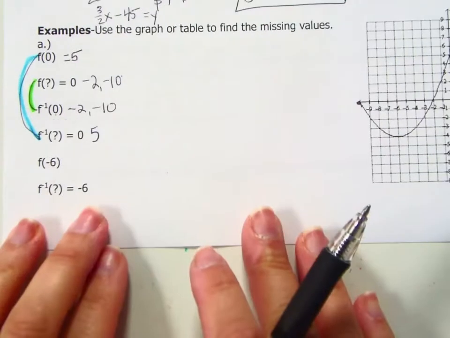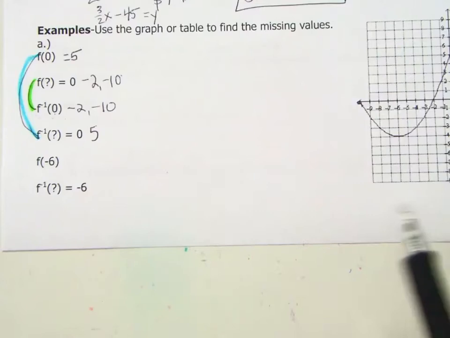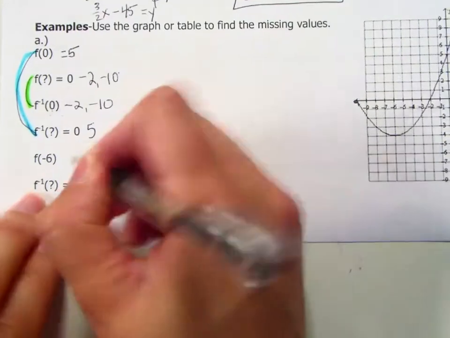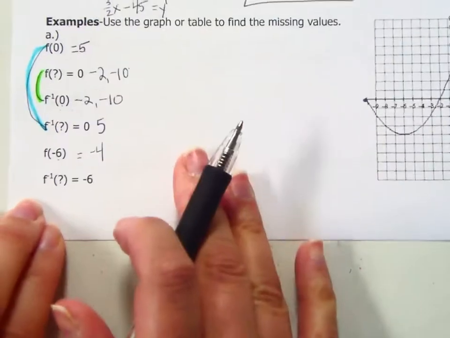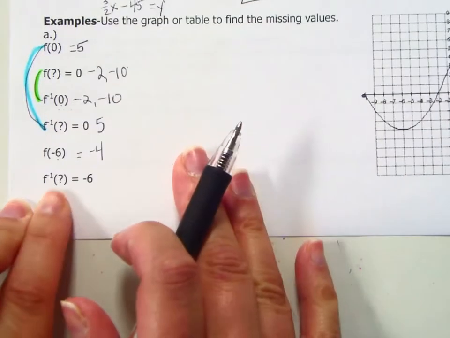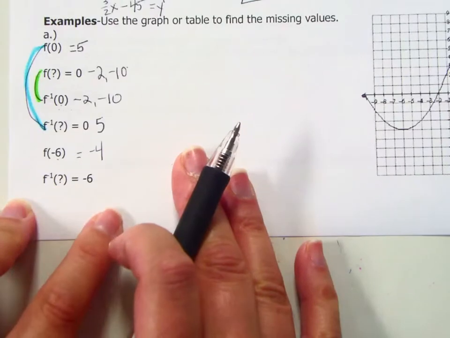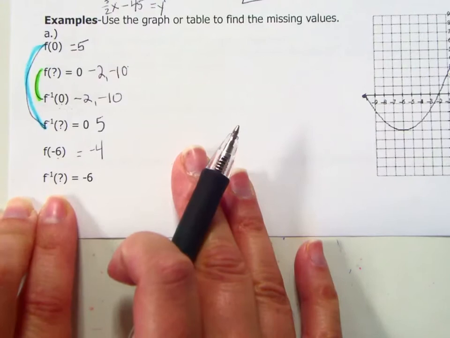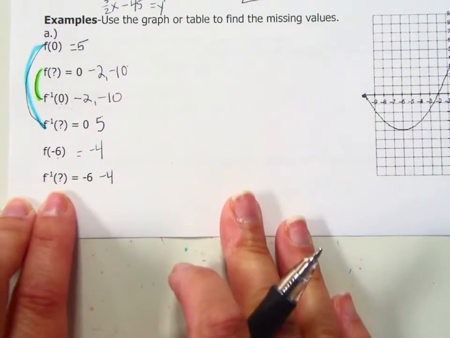Katine, the next one. Now just pay attention, it's just the function of -6. -4. Okay, so this is just saying what's the output when the input is -6. The last one, now I'm looking for the inverse of what equals -6. Anna Marie, what is this one saying? It's -4. Okay, but what is it asking? The inverse of y value.